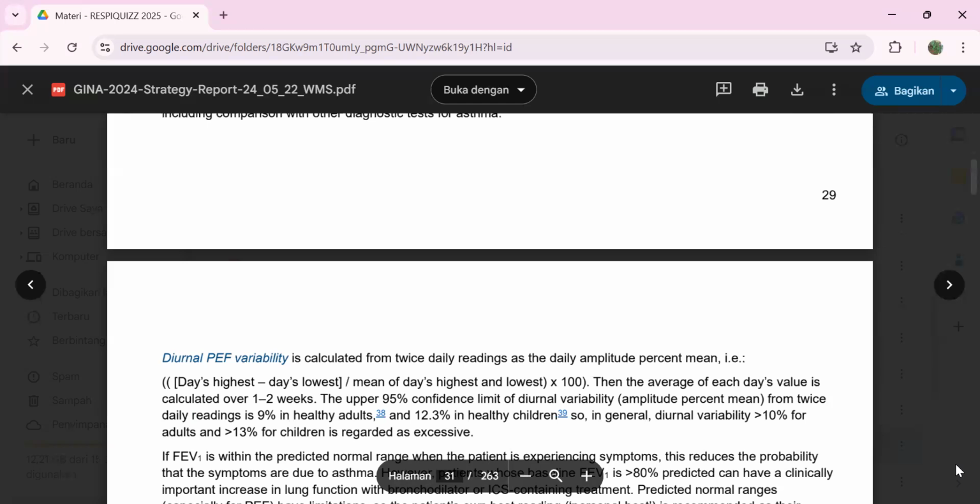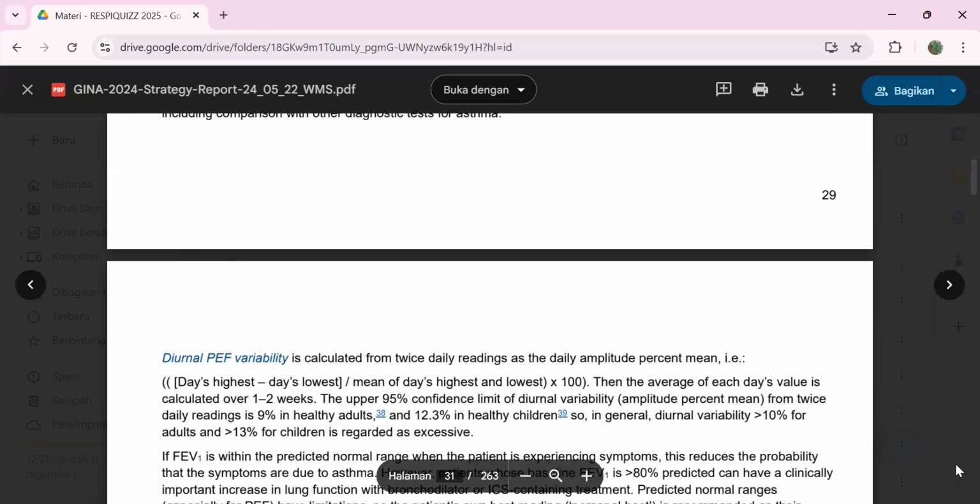The upper 95% confidence limit of diurnal variability, amplitude percent mean from twice daily readings, is 9% in healthy adults and 12.3% in healthy children. So, in general, diurnal variability of more than 10% in adults and more than 13% in children is regarded as excessive.